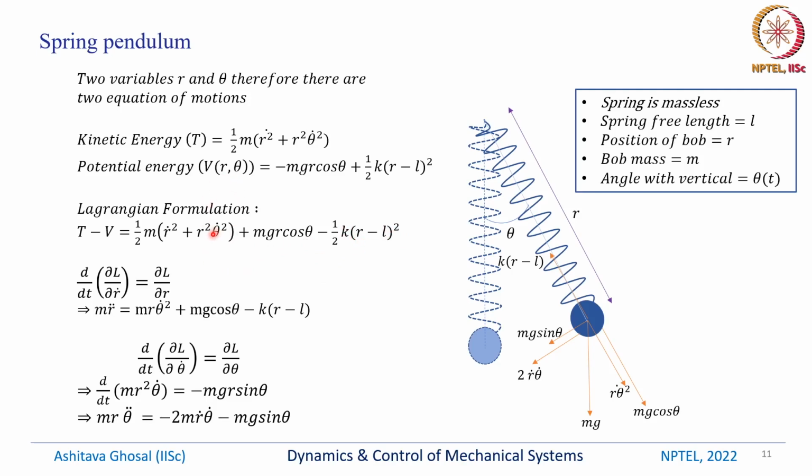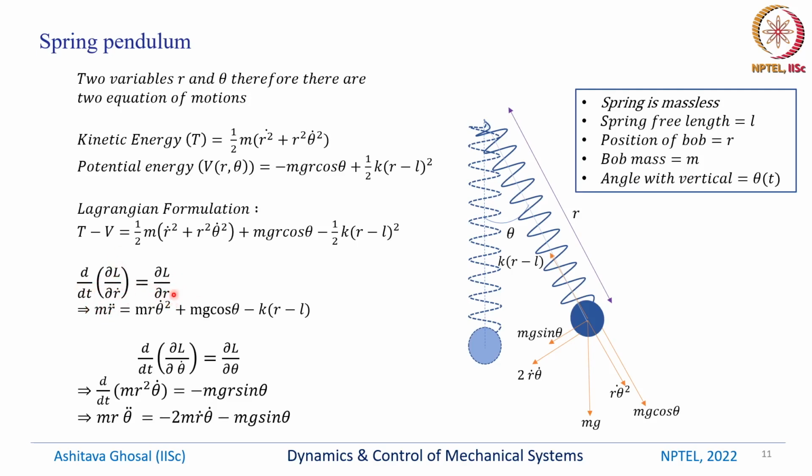Once we have this Lagrangian, we can obtain the equations of motion. In this case, there are no external forces. So we can write d by dt of dou L by dou r dot minus dou L by dou r equal to 0, or d by dt of this is equal to dou L by dou r.